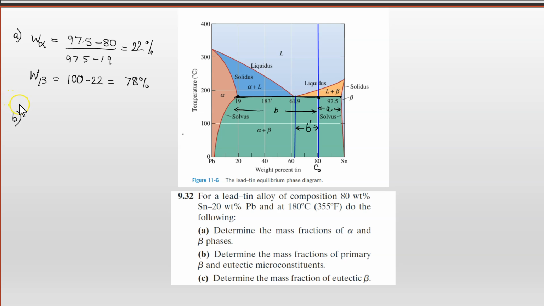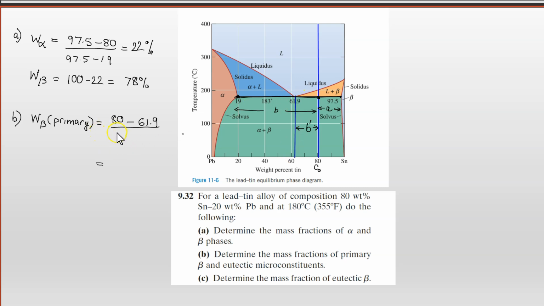So if we want the weight percent of the primary beta, then we need to find the length of B prime, which is going to be 80 minus 61.9, and divide by the length of the tie line, but this time going from the phase boundary with beta up to the composition of the microconstituent.